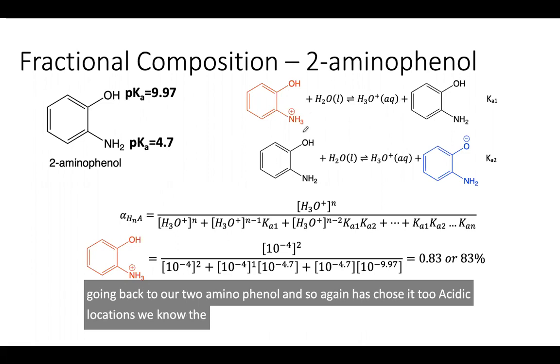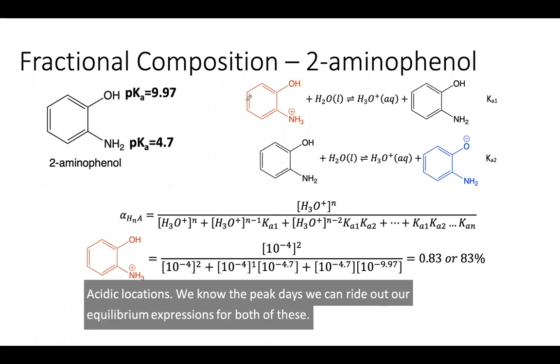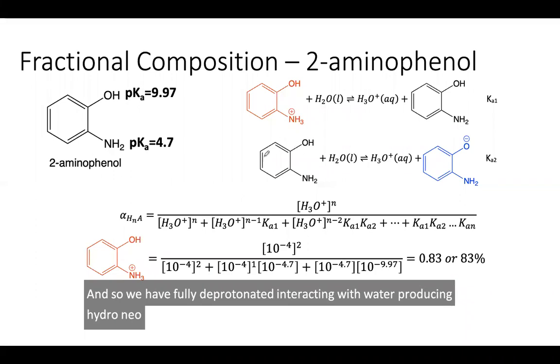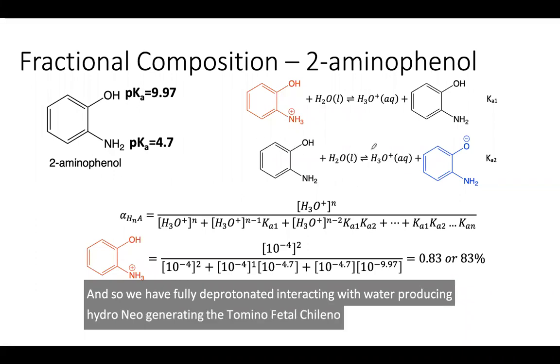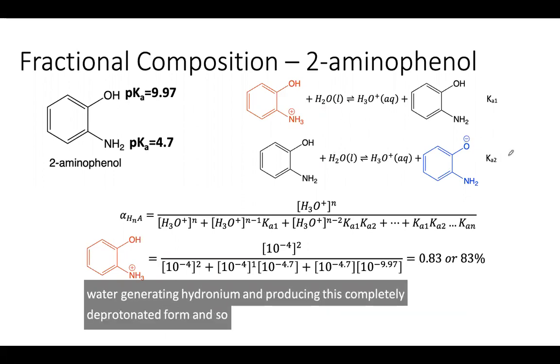We can write out our equilibrium expressions for both of these. And so we have the fully protonated form interacting with water, producing hydronium, generating the 2-aminophenol; and the 2-aminophenol reacting with water, generating hydronium, and producing this completely deprotonated form. And so we have the Ka's that correspond to it.